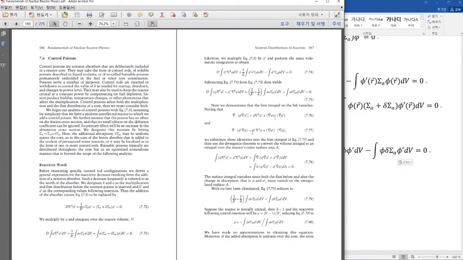Even if we change the order, phi prime gradient of phi, in this case we are going to have a phi prime Laplacian phi plus the second term will be same. So if we subtract the second one from the first one, so that means equation 7.76 minus 7.77, then the left-hand side will become this one.